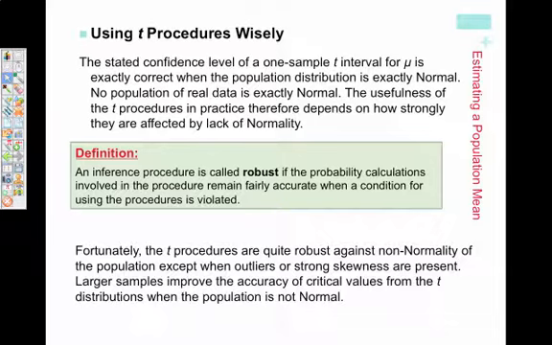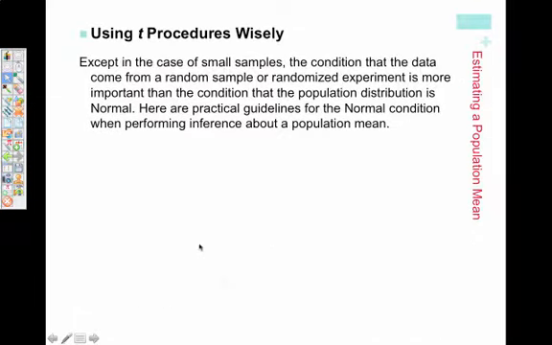Large samples improve accuracy of critical values. We know that. And it improves it especially when the population is not normal. So except in the case of small samples, the condition that the data comes from a random sample is more important than the condition that the population is normal.